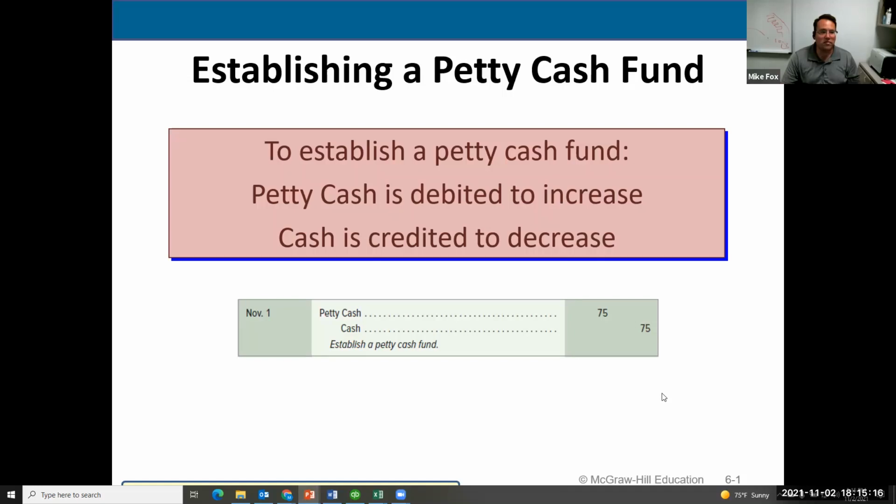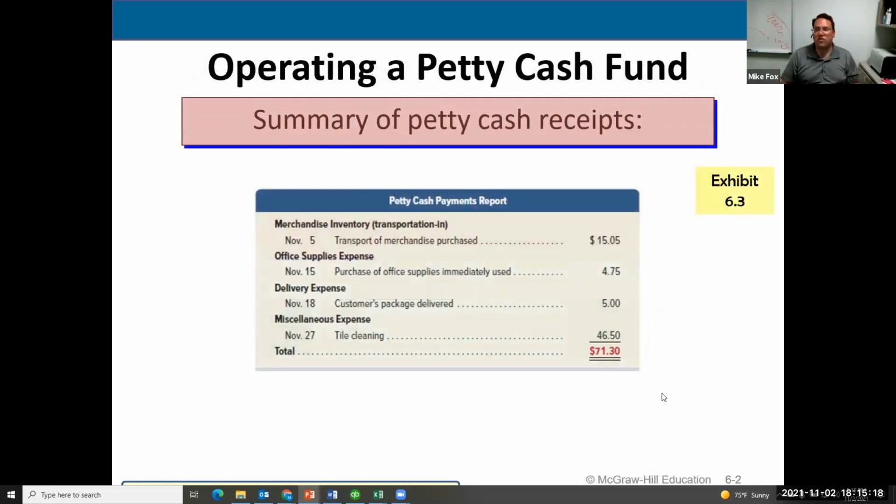All right, sorry. This is just a list of all the cash payments during a period, and it looks like the month of November. They took out $15.05 for transport of merchandise purchased, which is a fancy way of saying we paid for FedEx or something.